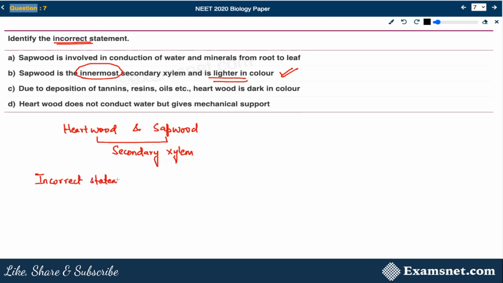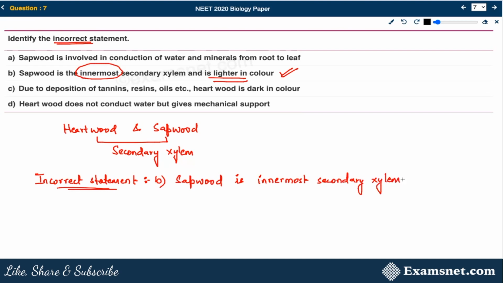The incorrect statement turns out to be option B over here, which says that sapwood is the innermost secondary xylem. So this is not the innermost secondary xylem.